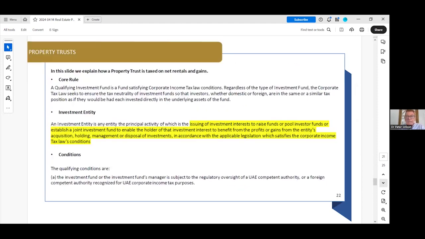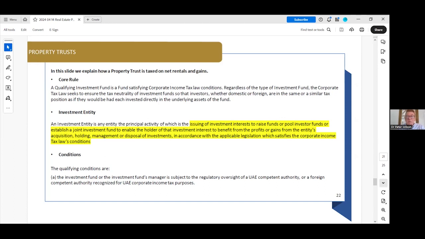Property trusts are going towards the complex structures, but what I want to impart here is that if a property trust is established correctly, the trust itself won't be a taxable entity, and the individual members of the property trust will be the taxable parties.